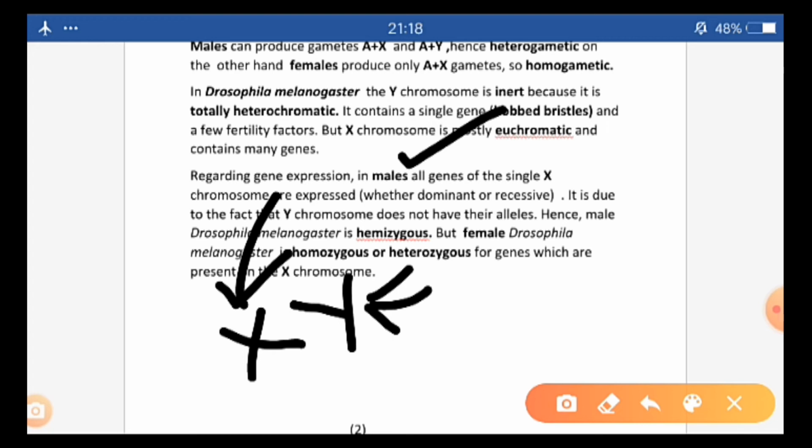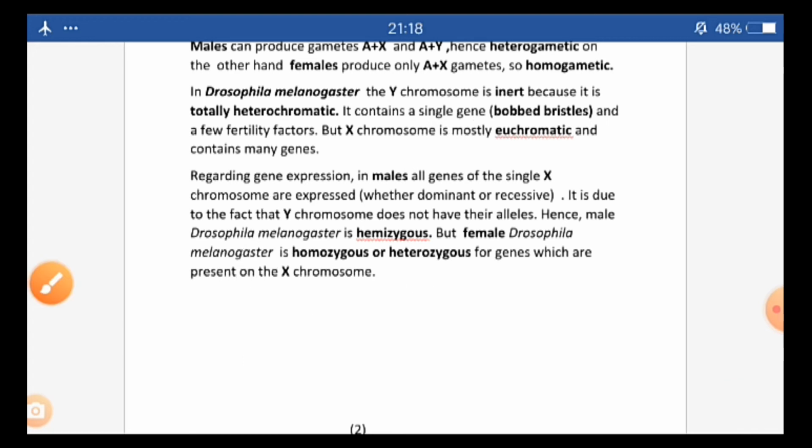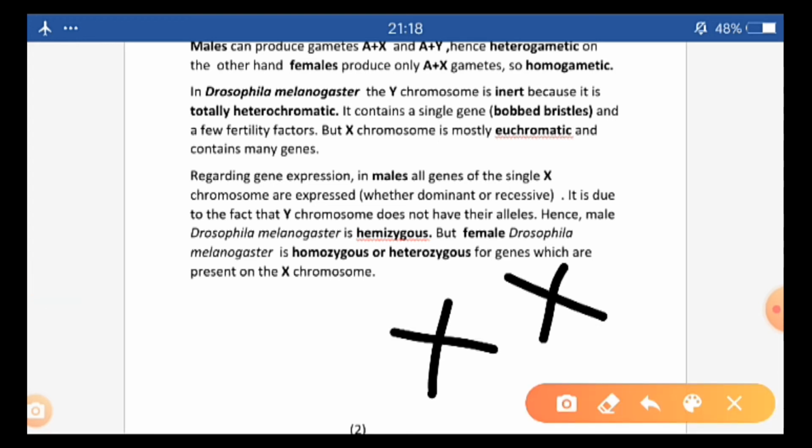Okay, but in case of female, it is having X and X. If any gene is here, its allele may be there, and that is why the expression in case of female may be homozygous or it may be heterozygous.